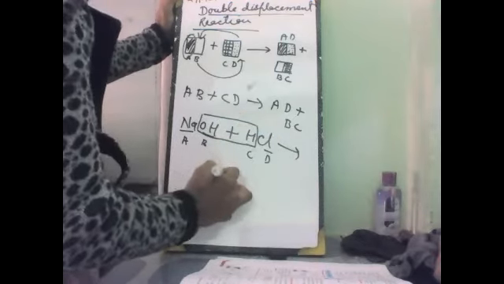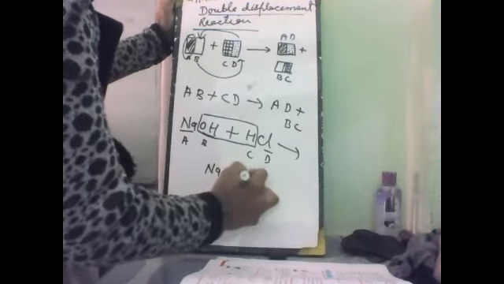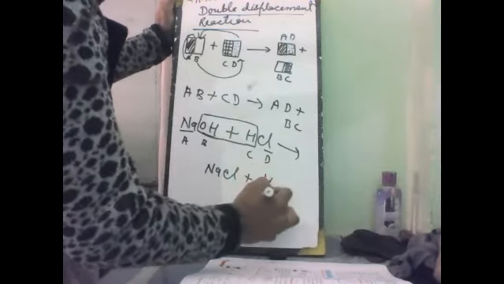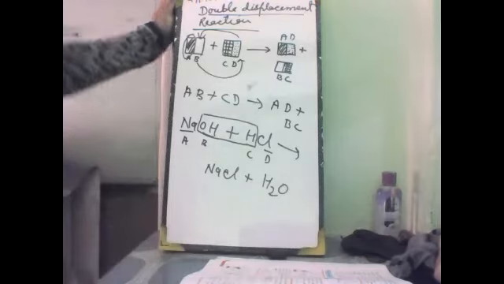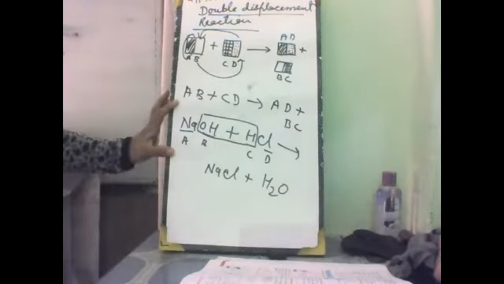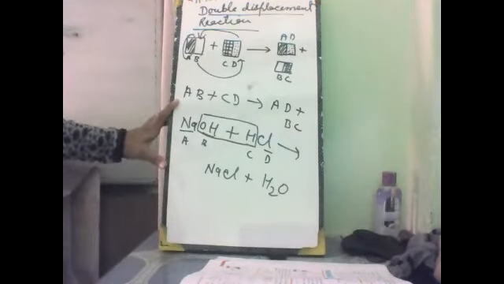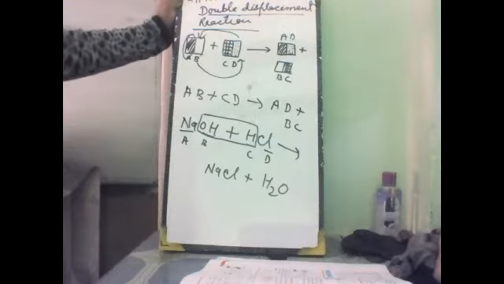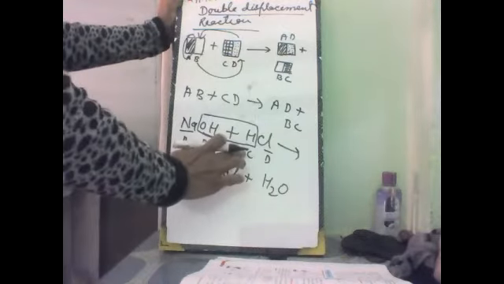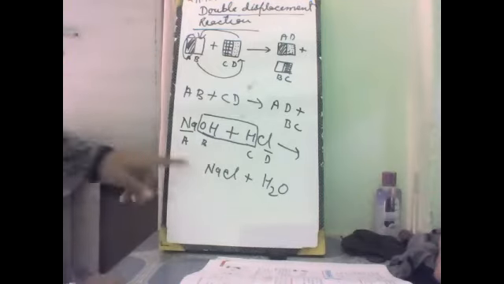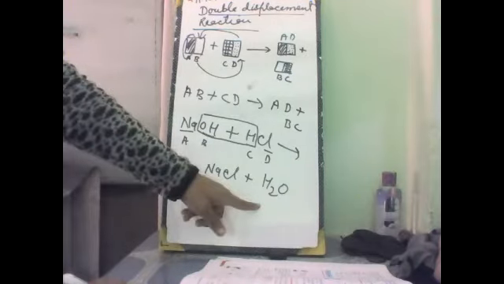A is Na, D is Cl, and BC is formed, H2O. This is known as double displacement reaction. This is sodium hydroxide and hydrochloric acid, and they form sodium chloride and water.